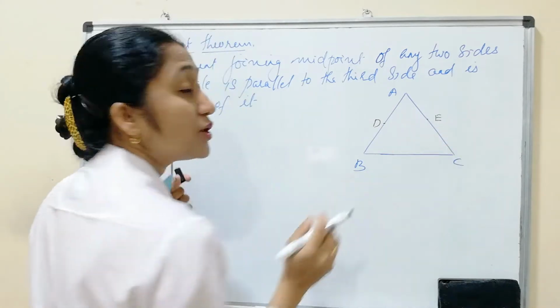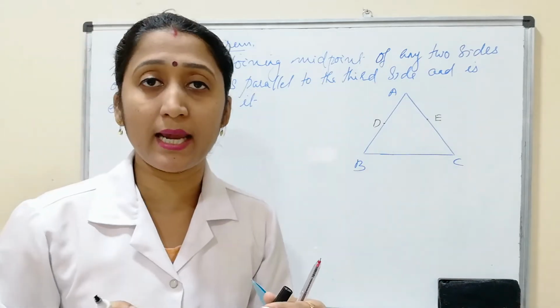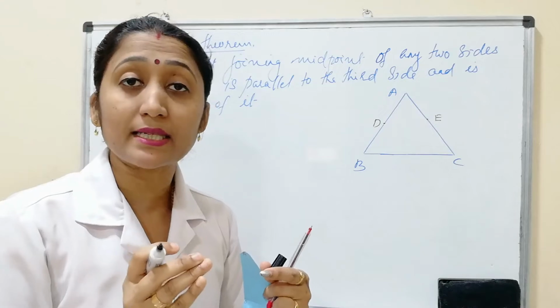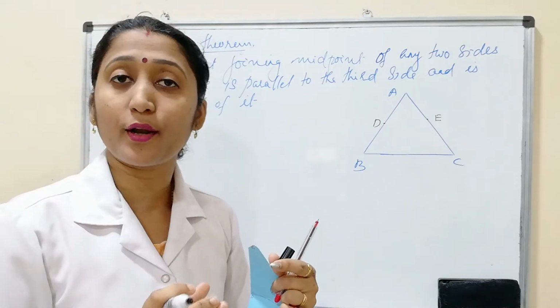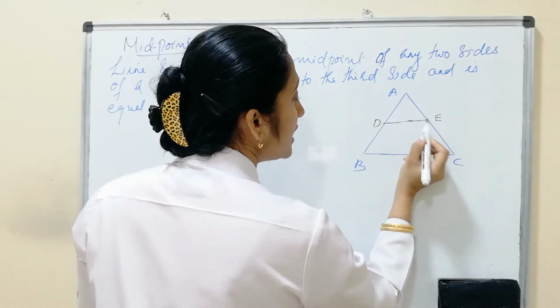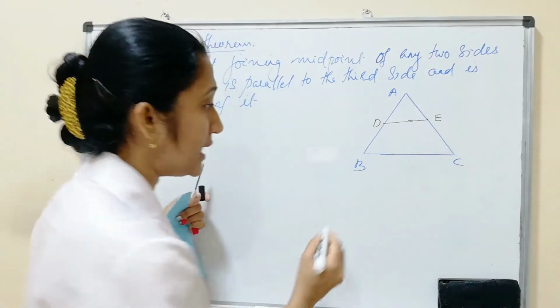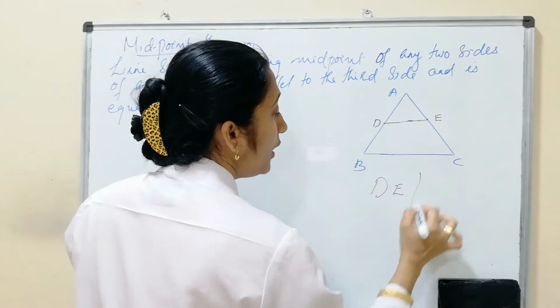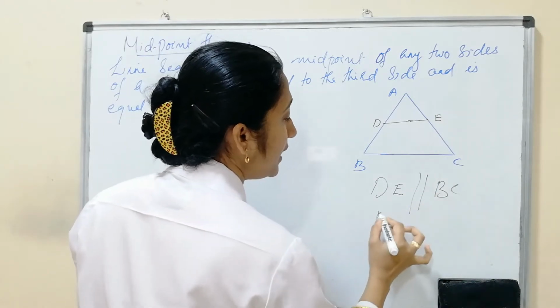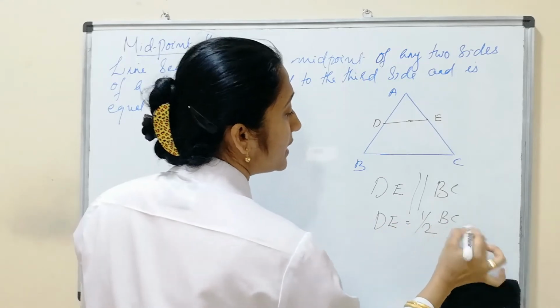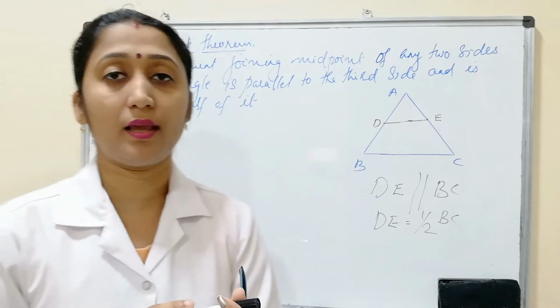Here the theorem says the line joining the midpoints of any two sides, DE, is parallel to BC, and DE is equal to half of BC. This is the theorem.